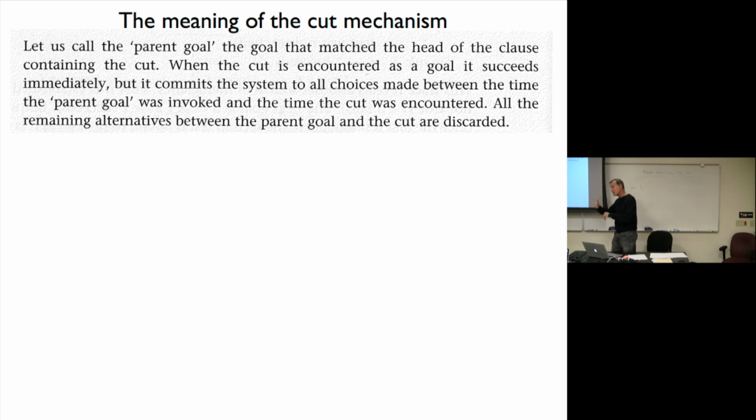Are you with me? They don't stop you. But it commits the system to all choices made between the time the parent goal was invoked and the time the cut was encountered. All the remaining alternatives between the parent goal and the cut are discarded.